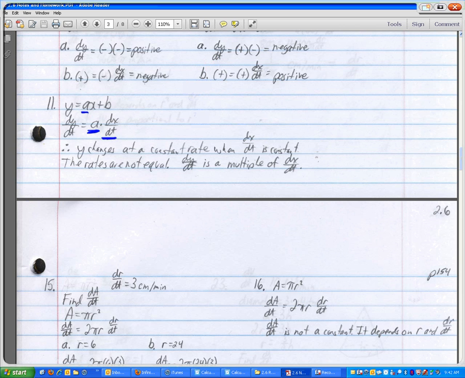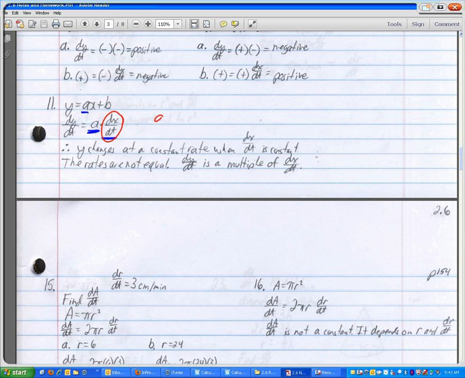All right. And the derivative of b is 0. All right. So, let's see here. If dx dt is a constant, so let me rewrite that. Let's choose k. And a lot of times k stands for a constant, right?